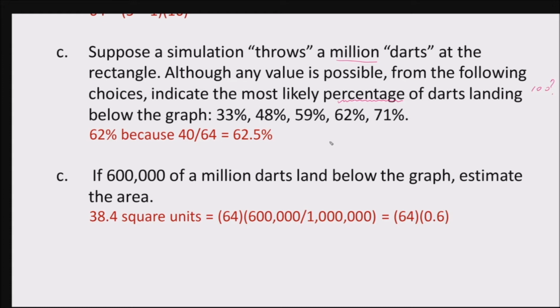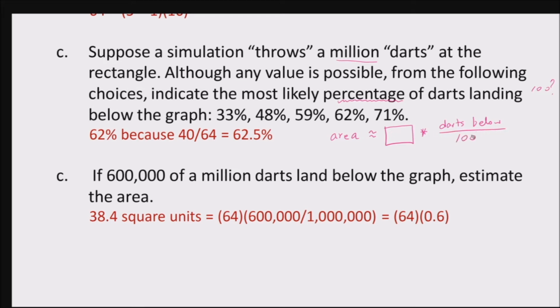So the good way of doing this is, you know, the area using the Monte Carlo simulation. We know this is equal to the area of your rectangle multiplied by the darts below, divided by the total darts. If I want to calculate for 100, I just put 100 here.